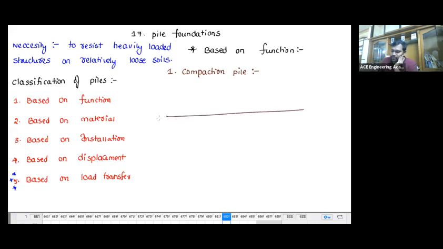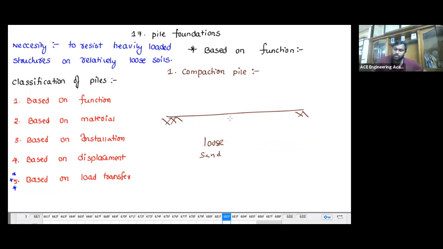If this is a granular soil, a loose sand, and the soil is loose up to a shallow depth, I can densify it by means of shallow compaction, by means of rollers, vibrators, smooth wheel rollers or vibratory rollers.